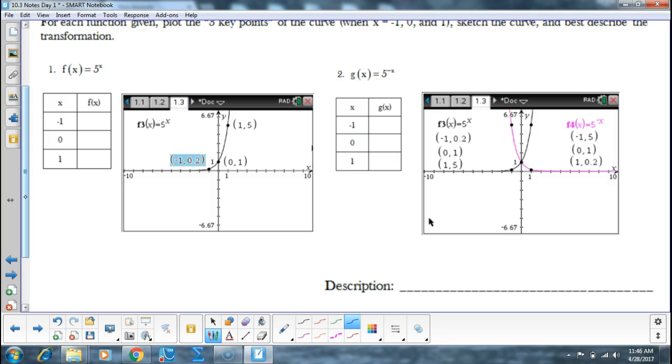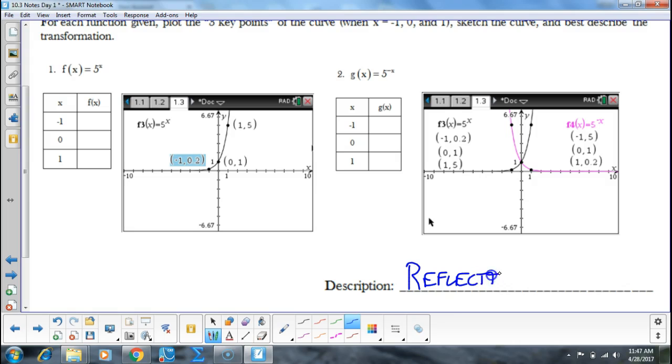So a negative exponent changes it from an exponential growth to an exponential decay. And so basically what's happening here is we have a reflection in the y-axis.